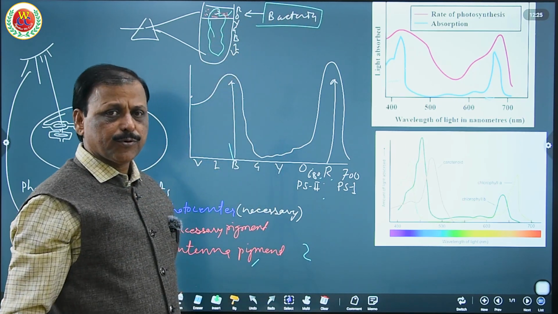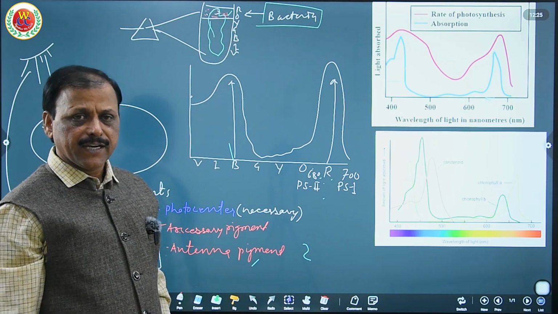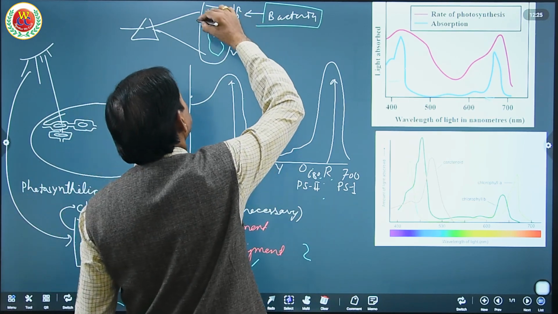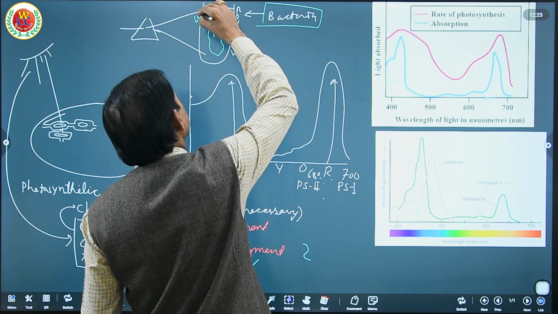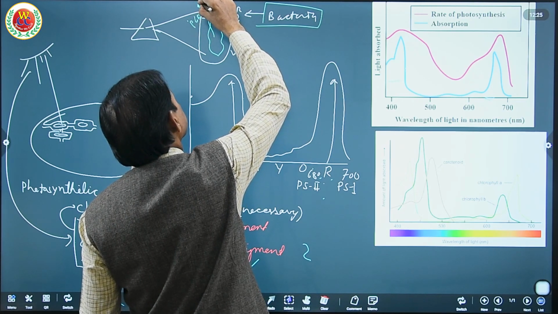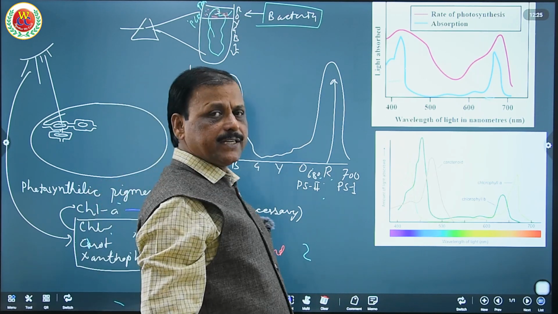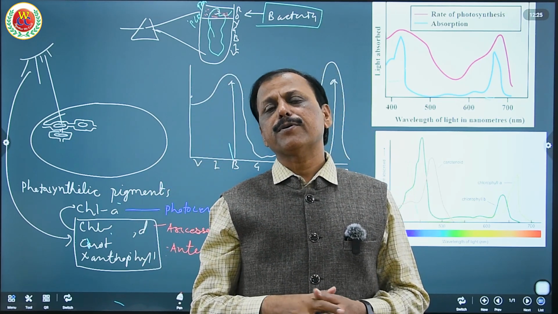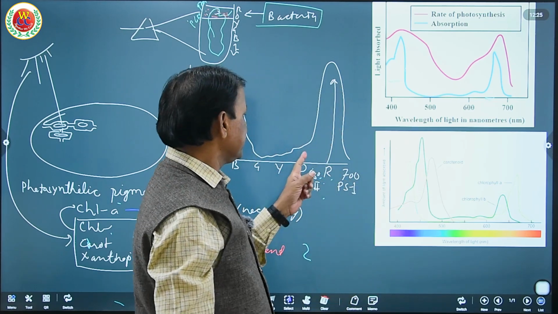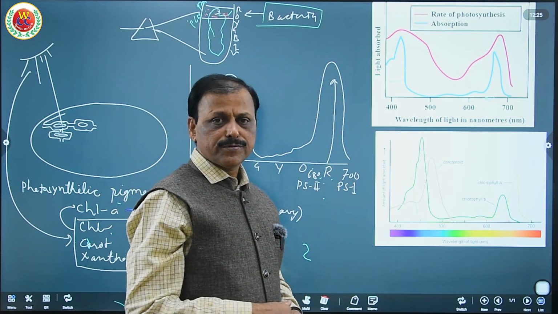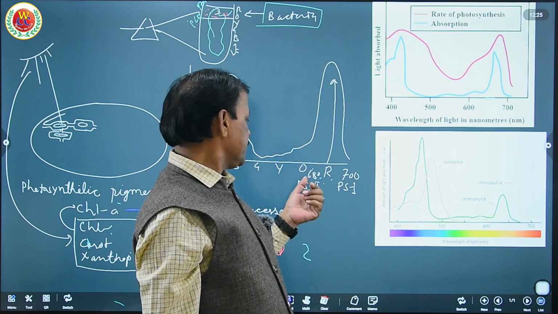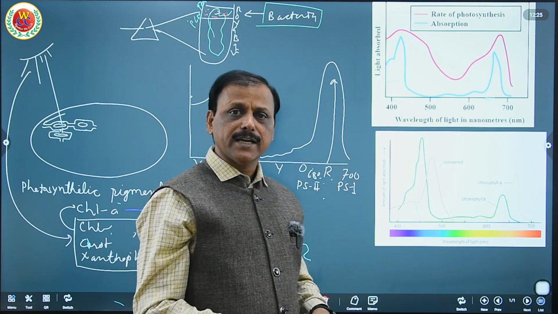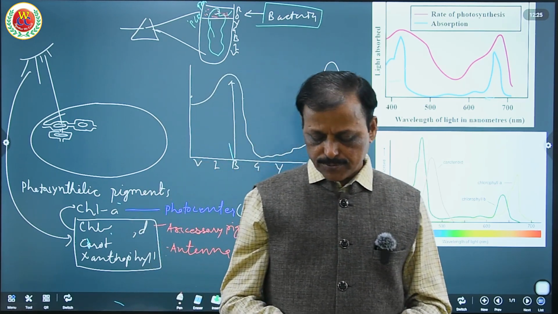That shows that photosynthesis is high in red light, and thereby the two pigment systems P680 and P700, where the light absorption is maximum, are at the wavelength of red light, and hence it is said that there is a high rate of photosynthesis between P680 and P700 in red light, where chlorophyll is very active.